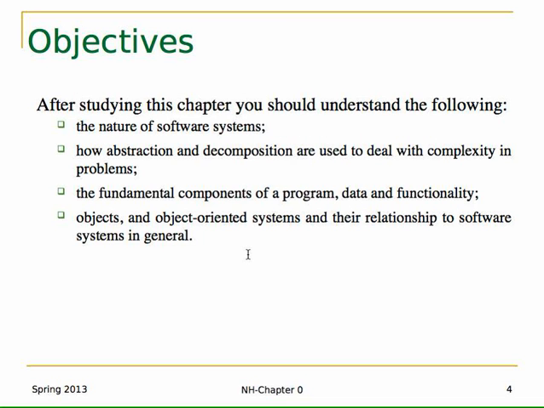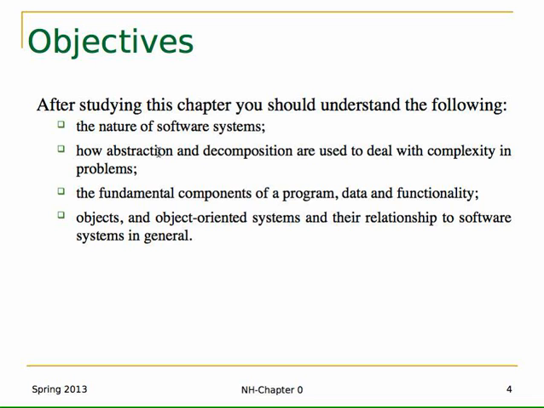Let's take a quick look at the objectives for this chapter. After studying this chapter, you should understand the nature of software systems, what software systems are like, how abstraction and decomposition are used to deal with complexity in problems. And basically, we can say that's breaking up a big problem into smaller classes, and how to use abstraction.